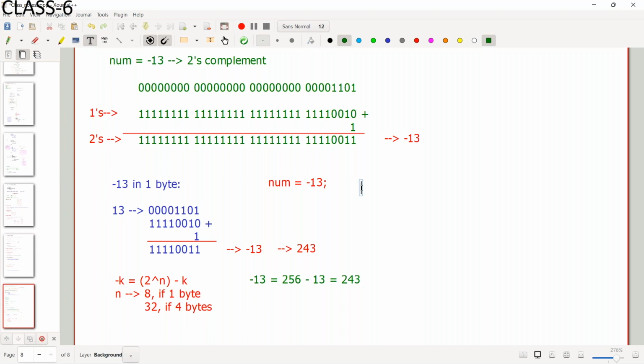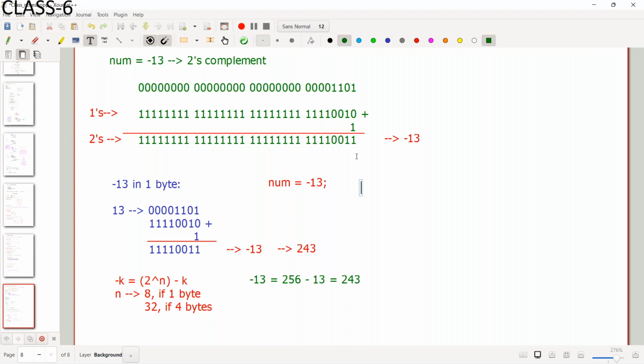The value negative 13 as it is can be stored inside the memory, but it will be stored as zeros and ones only. Is that clear, Hari Krishnan? Do you still have any confusion? Others, if you have any doubt, you can ask. Else we'll wind up the session.